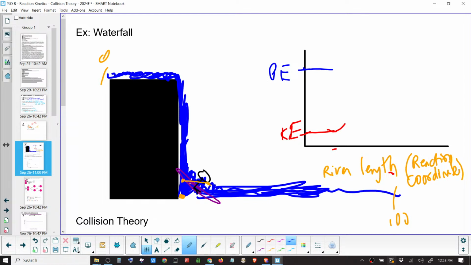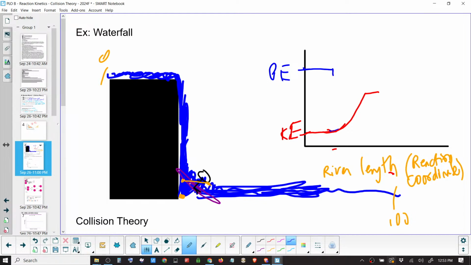But as you go faster and faster, you will get more and more energy. So your kinetic energy is going to start slow and then curve up to here until he hits the bottom, at which point it's an abrupt stop. Or if he manages to slow himself in some way with his paddles. I don't know. He's a genius.